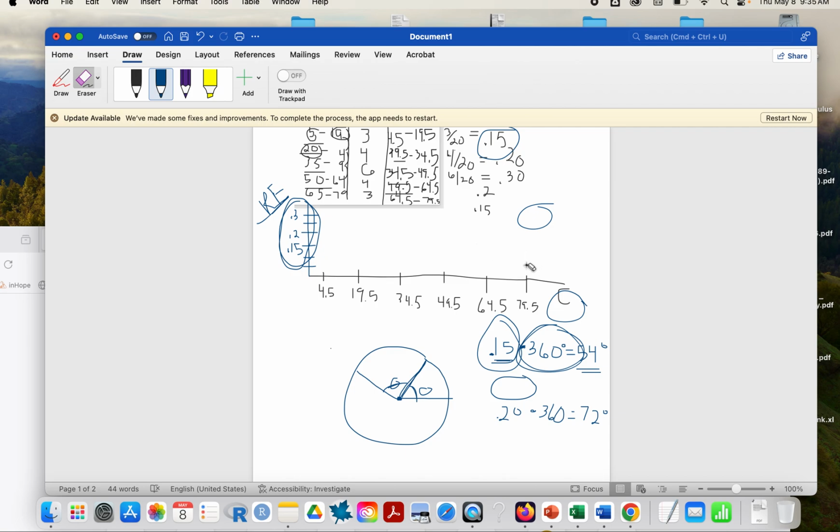All right, so to make a polygon, you have to have a closed or enclosed graph. So you have to have a starting spot and an ending spot.